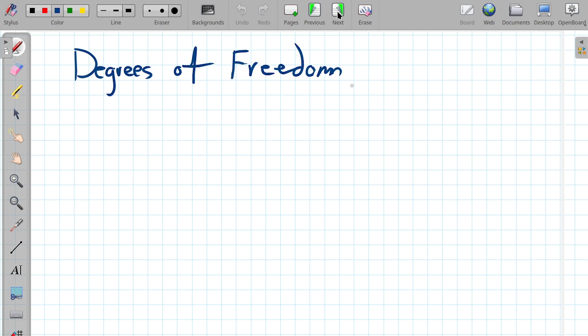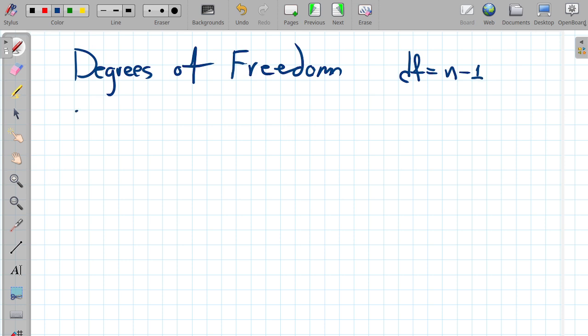In most cases in this course, the degrees of freedom for most computations is the number of observations minus 1. Not always. It can be other values depending on a number of things, but for us it's n minus 1.